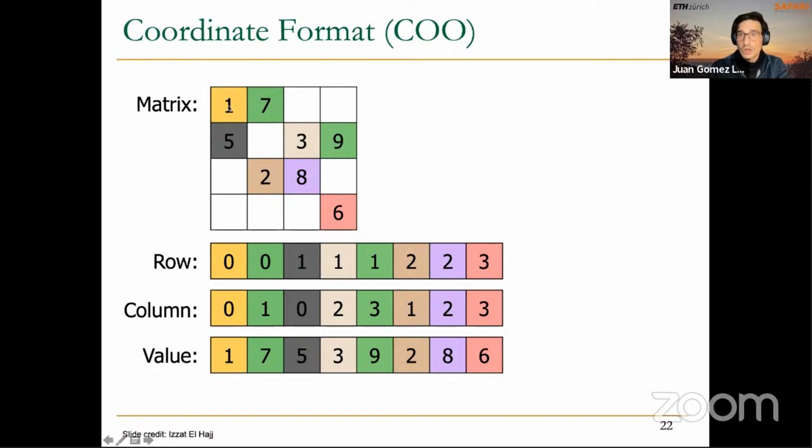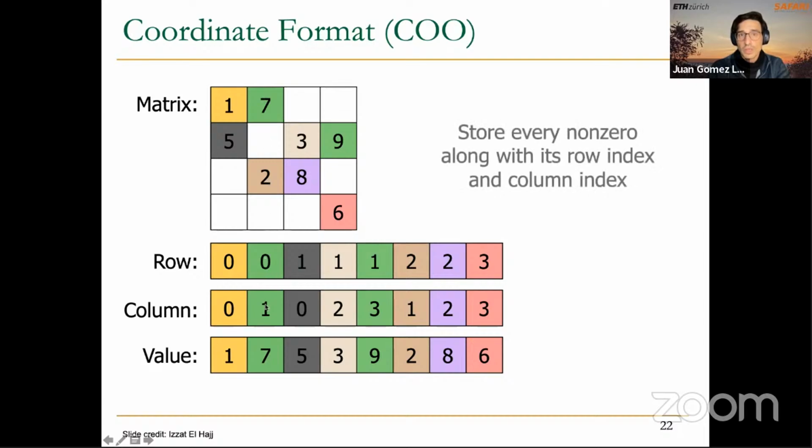For example, this one here is the element 0, 0, so that's what we keep in memory. Or this element here, this 7, is element 0, 1, in row 0 and column 1. So that's what we do in the coordinate format, or COO.